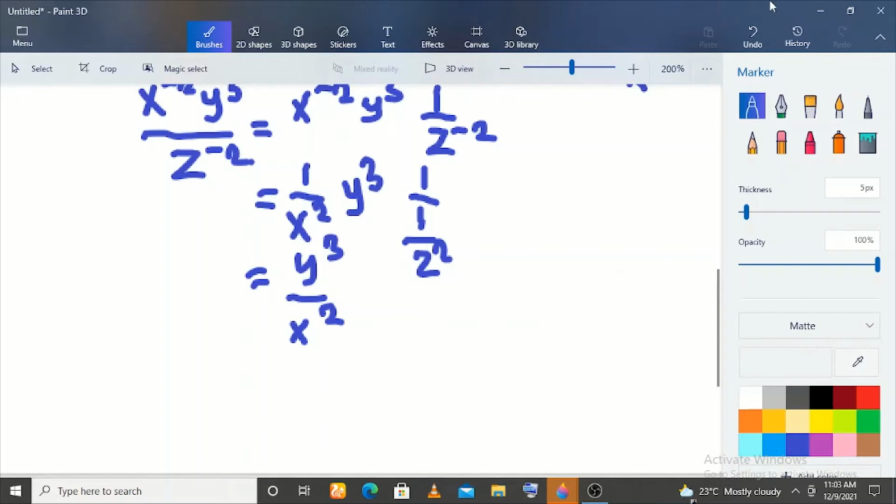Wait, let me create some space here so that it's easier for you to see.